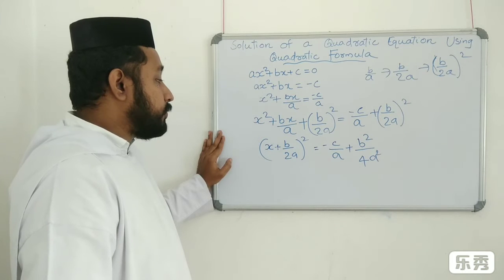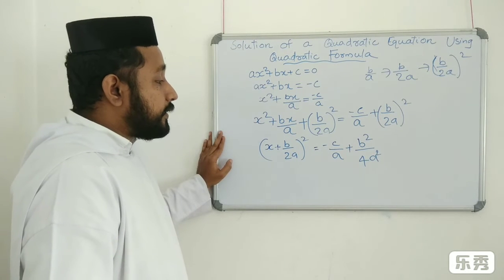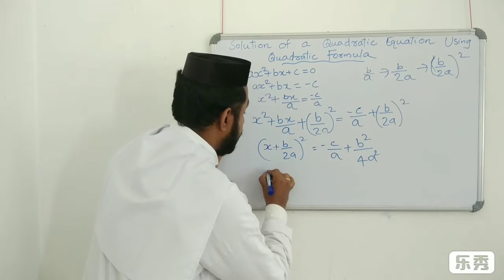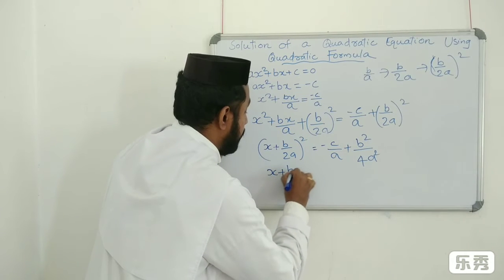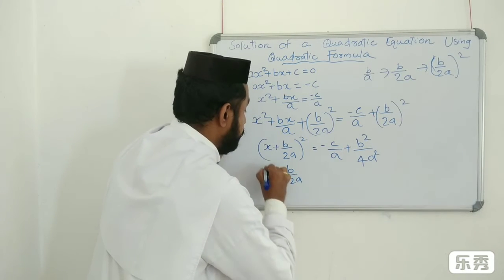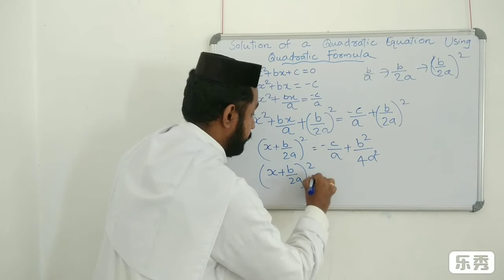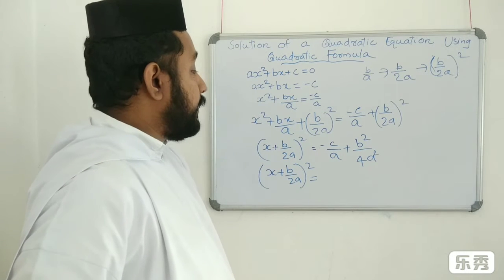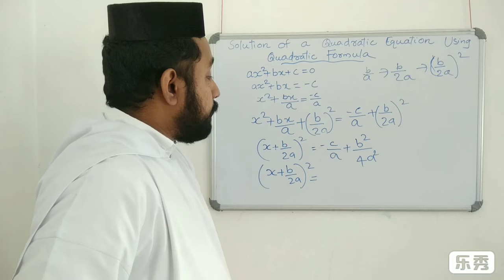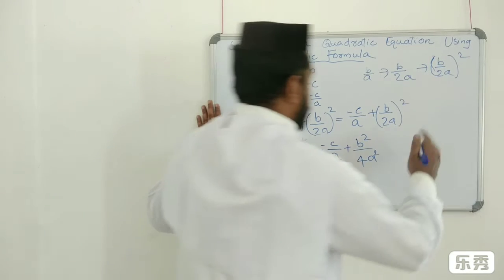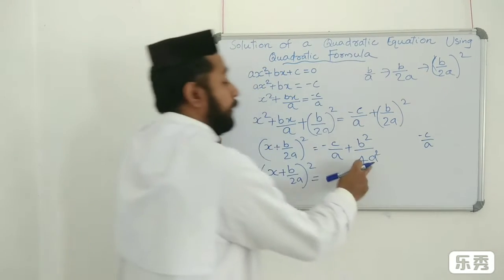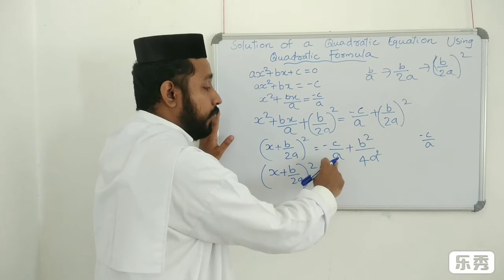So (x + b/2a)² = -c/a + b²/4a². Before adding, I am going to take -c/a. Here the denominator is 4a², and here only a.